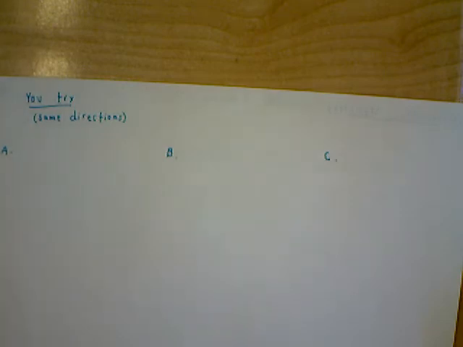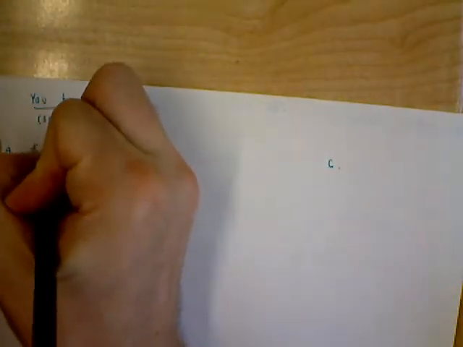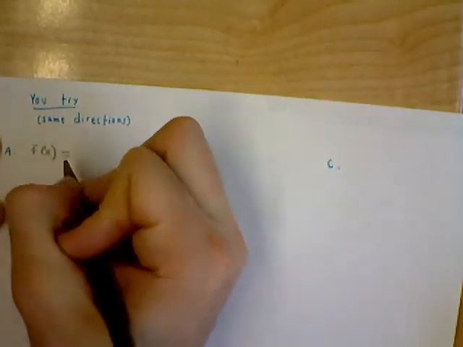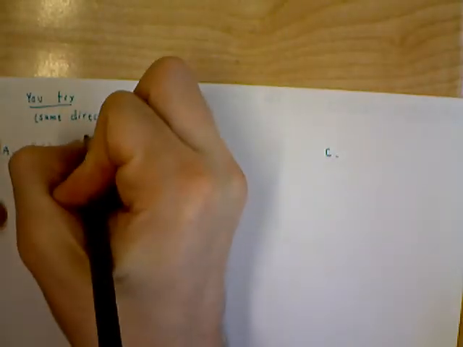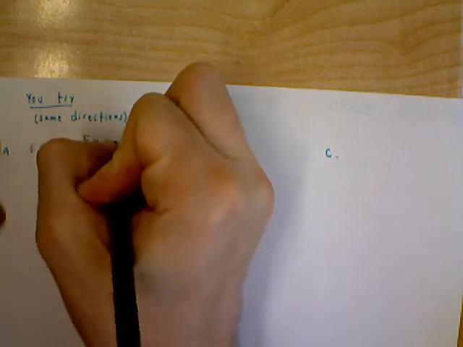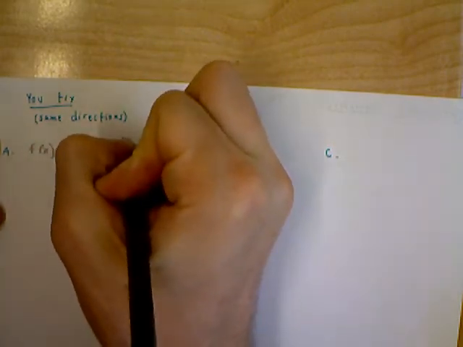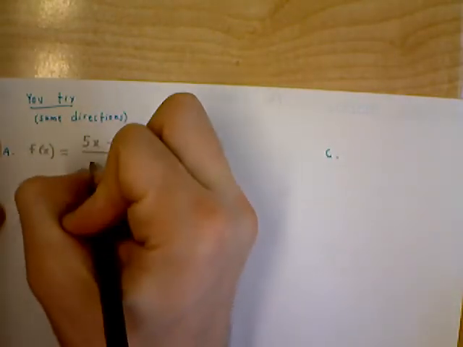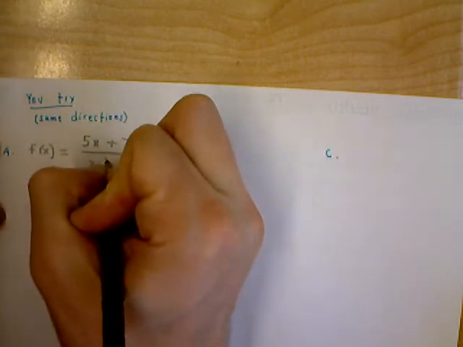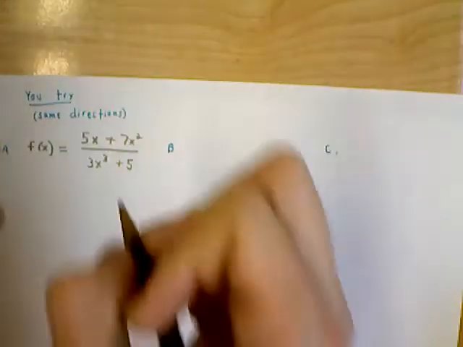All right. Here are 3 you-tries we're going to do. We have the first one, I've got to write them down. F of x equals 5x plus 7x squared over 3x cubed plus 5.